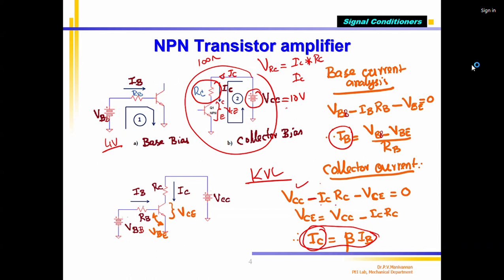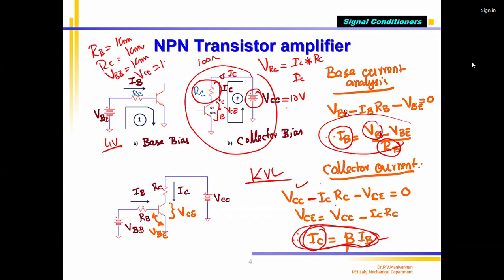How did you get IC? First, you calculate IB using this formula, based on the supply voltage and RB, if the RB value is given. So what you need: the RB value should be known, the RC value should be known, the VBB I am supplying should be known, and VCC should be known.